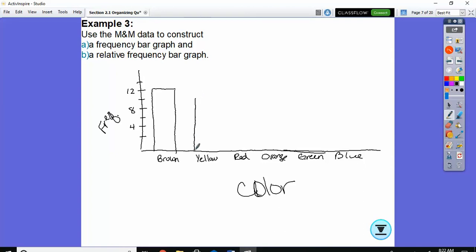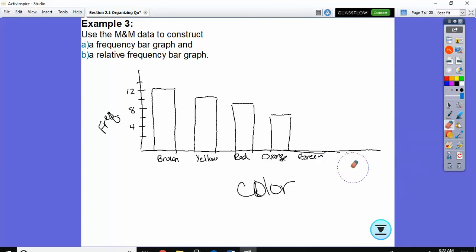Yellow, we had 10, was it? Yes. How many reds? Orange, green, 5 greens.